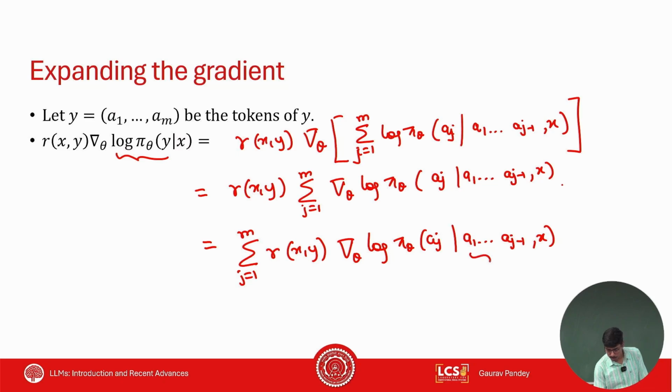I will call this quantity that I'm conditioning on, all the past tokens, including the prompt and the tokens that you have generated so far, the state. So I will call this sj.